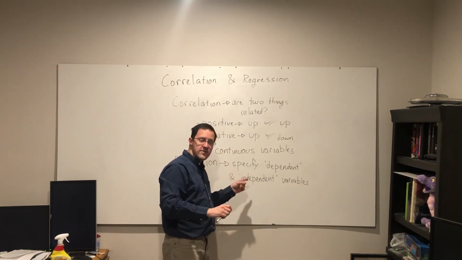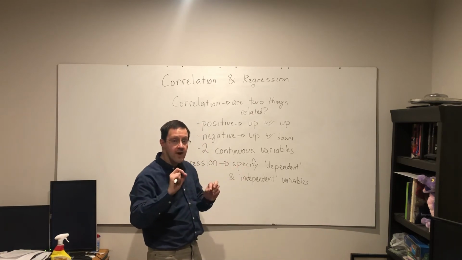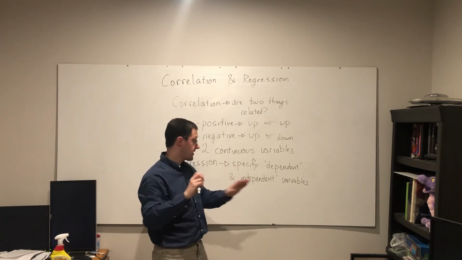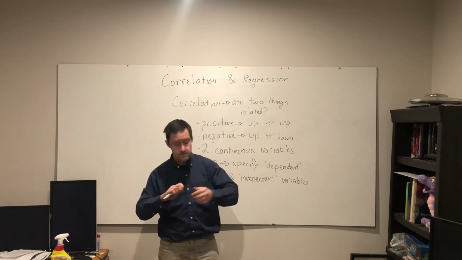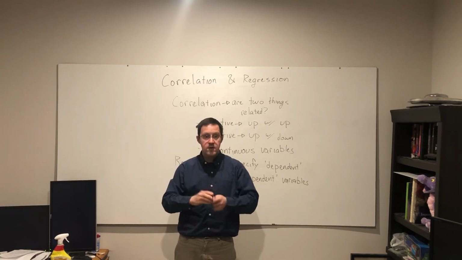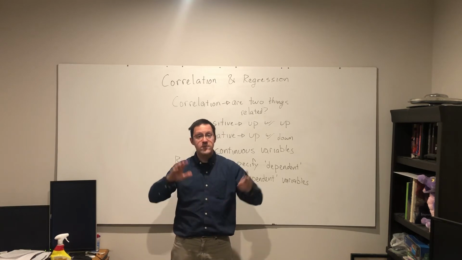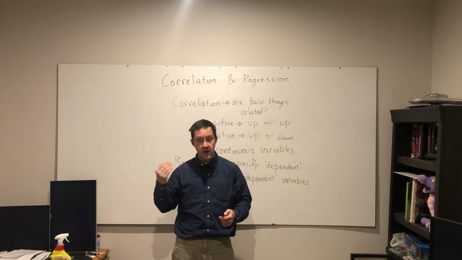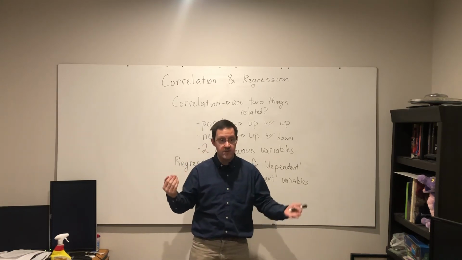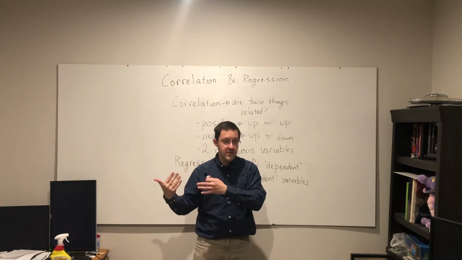What it does is regression specifies things called a dependent and an independent variable. Now, okay, what's so special about these? Well, it says basically on one side of the equation you have one, and on the other side of the equation you have the other. We'll see the equation itself in the next video.